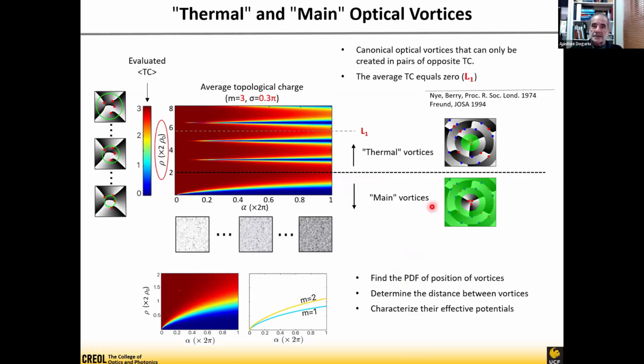There is one class that evolves from the initial one, and there is the other class that is typical to Gaussian fields, the canonical optical vortices that have been looked at for a long time. Now, for lack of better terminology, we just call these thermal vortices. These ones are main vortices.